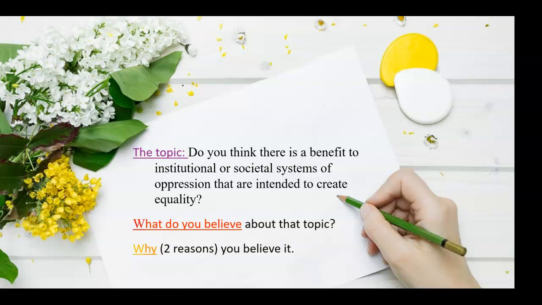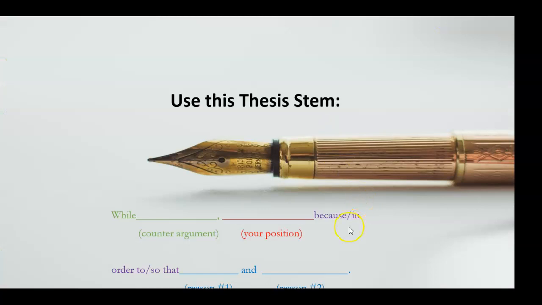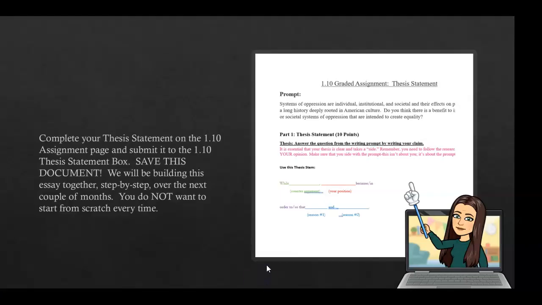Or you're going to say, no, there's no benefit to creating a system of oppression in hopes of creating equality because, and you're going to give me 2 reasons. And for this assignment, guys, that's all we need.